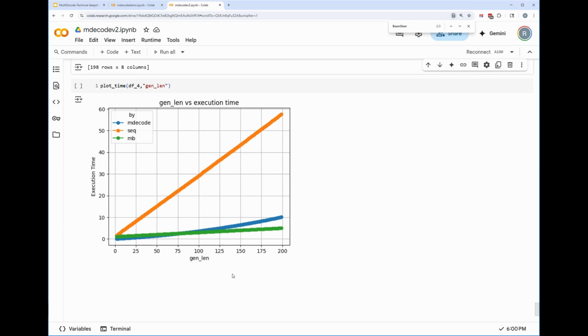No. So what this is saying is that when you are generating a lot of tokens relative to your context, then you're growing the sequence length significantly. And that's where multi-decode, because long sequence lengths we know, right, for attention, this is not a good thing, right?